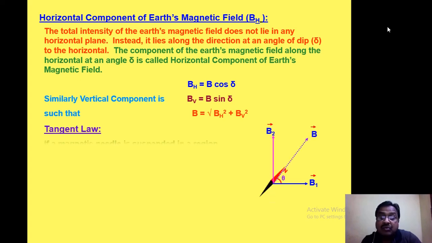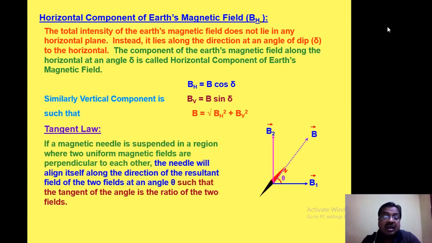Now in connection with this, we will discuss a particular law which is called the tangent law.